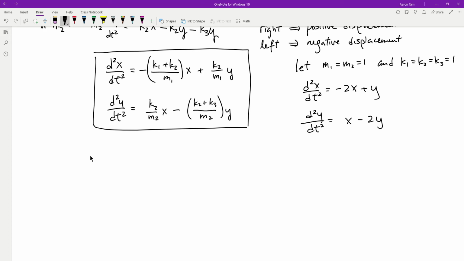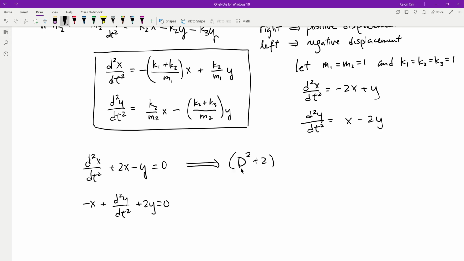So let's go and try to do this. First I'm going to move the 2x over. So I have d squared x over dt squared plus 2x minus y equals 0. And the bottom one, I have negative x plus d squared y over dt squared plus 2y equals 0. So the top one transforms into (D squared plus 2) of x minus y equals 0.